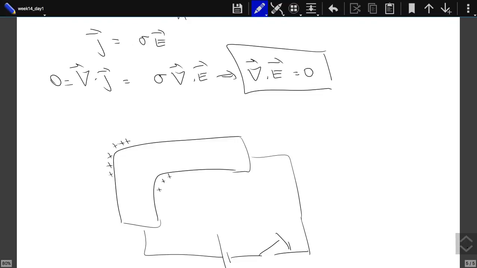Yes. That's what I'm saying. That's what we are proving, kind of. At some times, I mean, for example, at the moment that I close the switch, that will not be the case. But when the steady currents are reached, that will be satisfied.